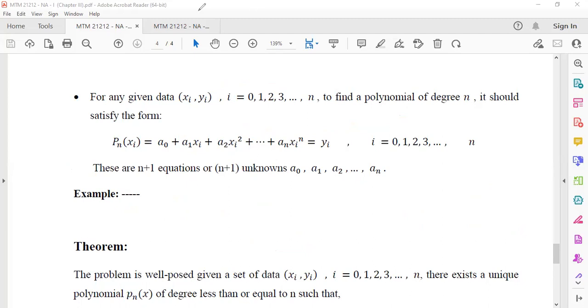Let's do one example, the same example. I gave you x and y: 0, 1, 2, 3, with the points 1, 3, 9, 27. Let's see this one again.